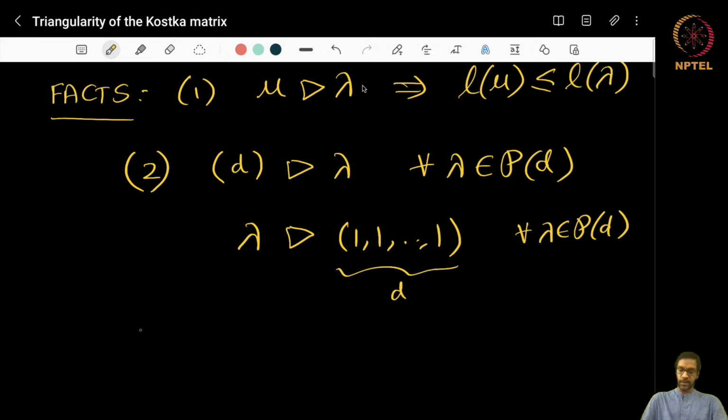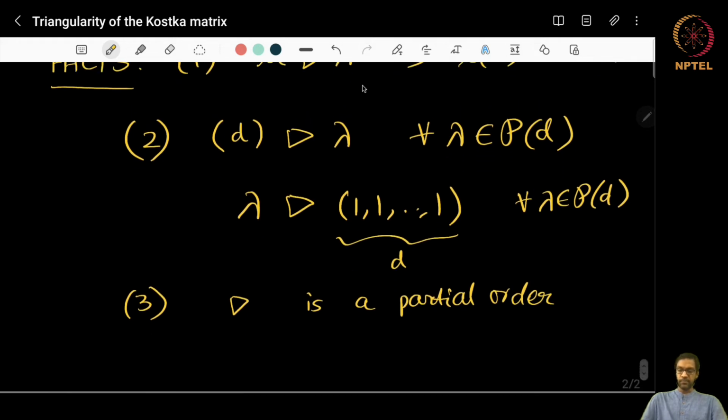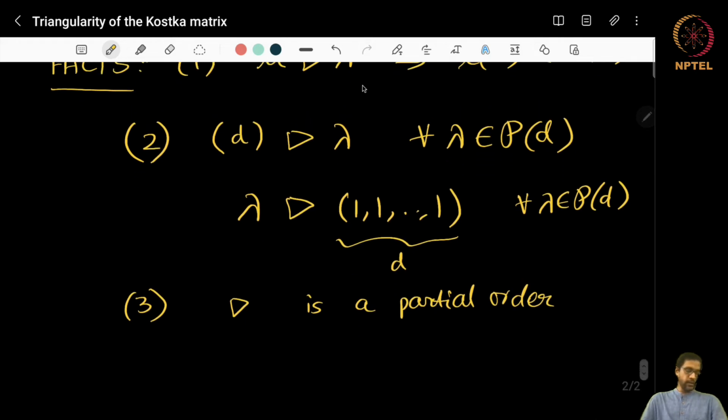So you can check this is a partial order also. That's the other important thing. This is a partial order. It satisfies the transitivity property in particular. Okay, good. And there's one more interesting statement about this, which is that if mu dominates lambda, then when you conjugate it, recall the conjugation of the partition, then lambda prime dominates mu prime.